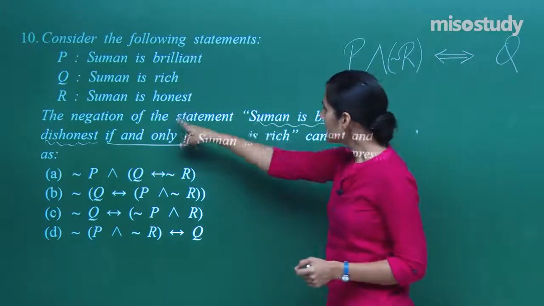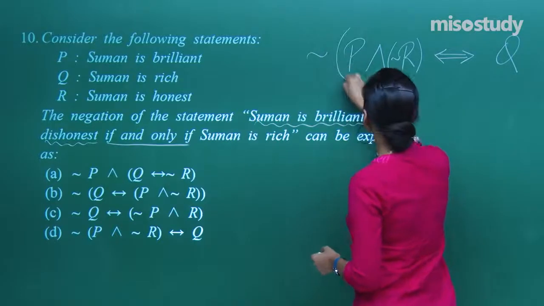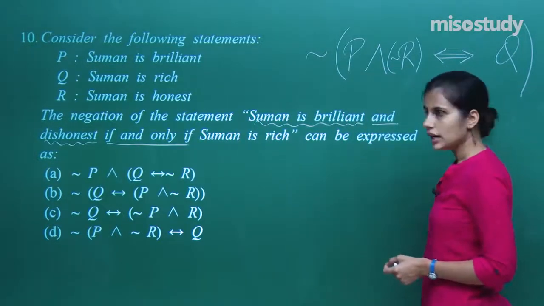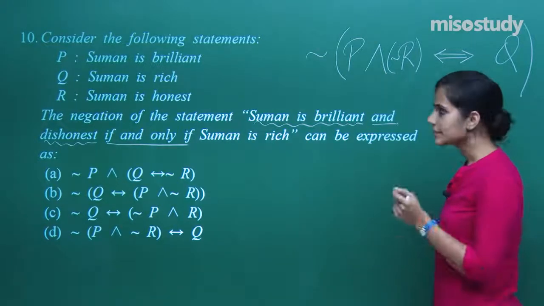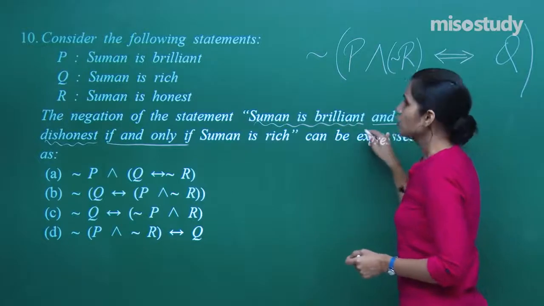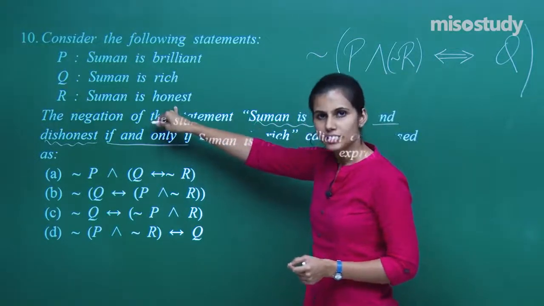Question is, find the negation of this statement. We have interpreted the statement, its negation will be not of (P and not R, if and only if Q). Let's understand once more. Suman is brilliant is statement P and Suman is dishonest is not R, because R is Suman is honest.